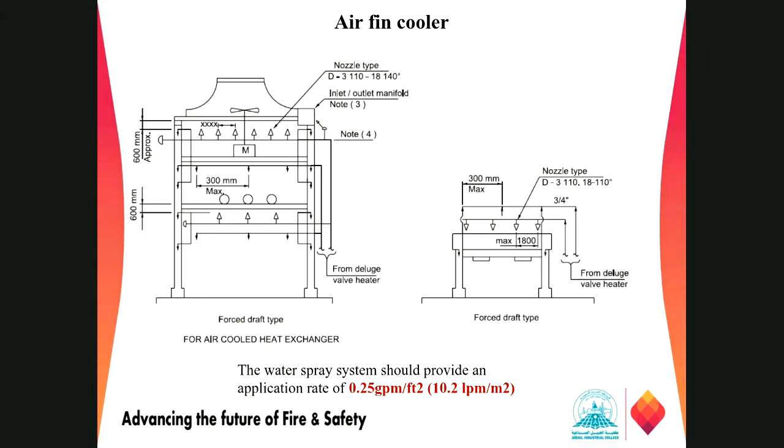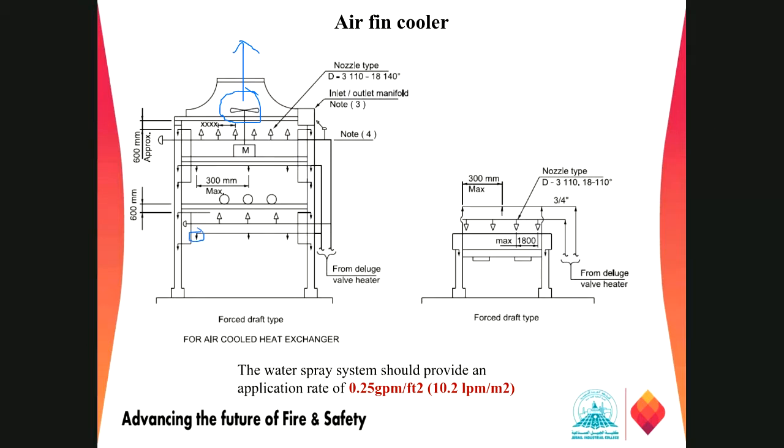Now, for the air fin cooled heat exchanger also we need exposure protection, right? If you can see, we have a fan, and it is just for removing the heat from the piping. We have a nozzle at this location, and another nozzle at this location. The bottom one is the pilot line detector.